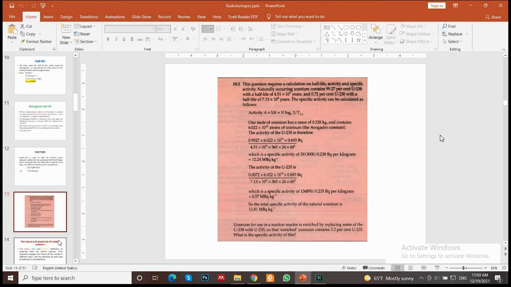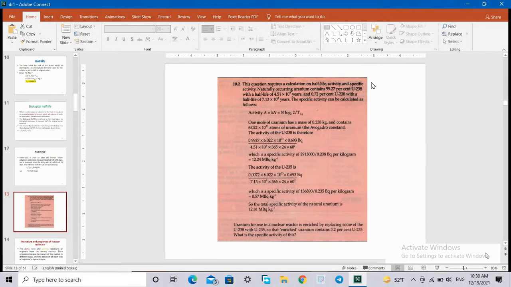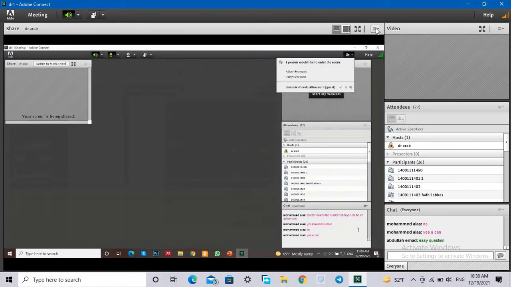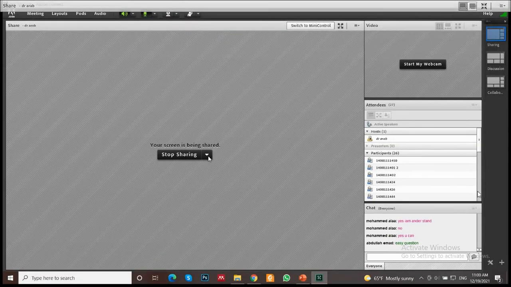And how can we calculate the total activity? As the question says, in uranium we have two isotopes.